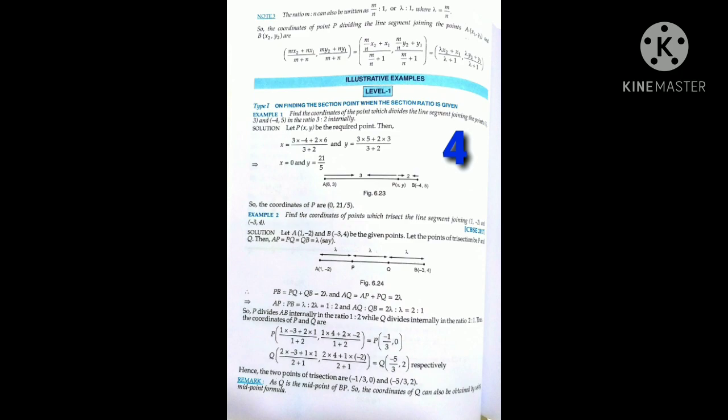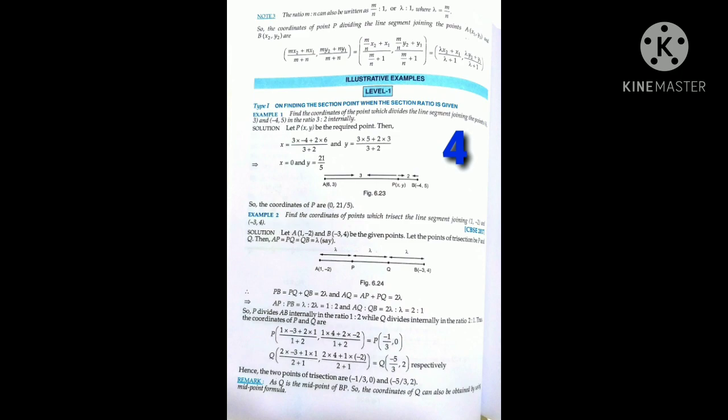Now this means that P divides AB internally in the ratio 1 is to 2, while Q divides internally in the ratio of 2 is to 1.